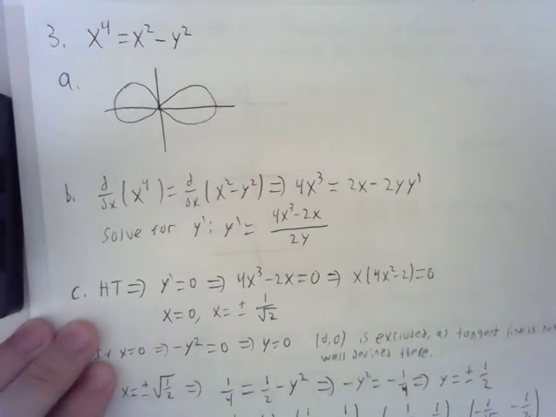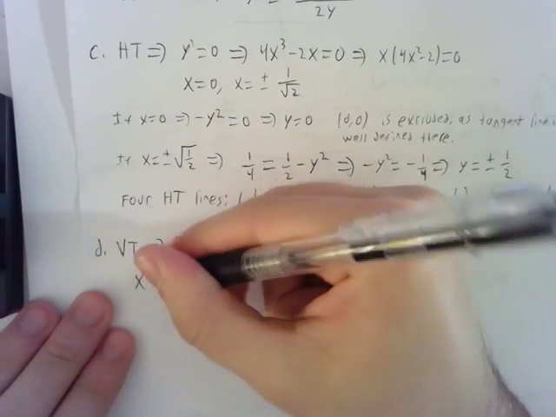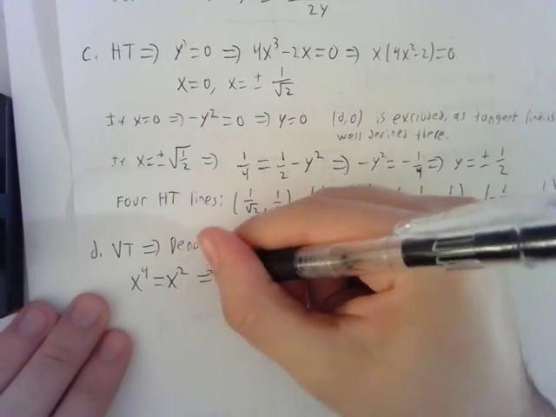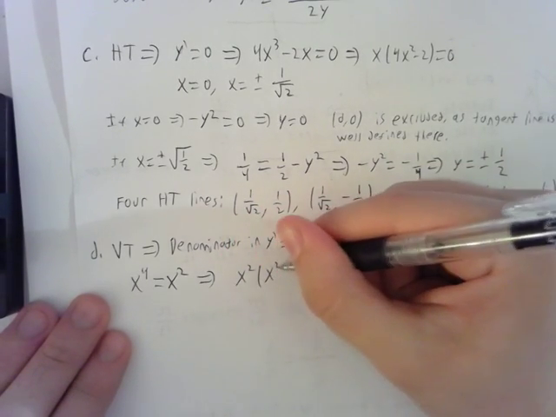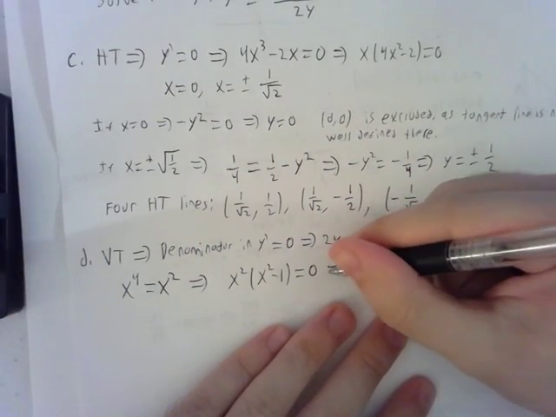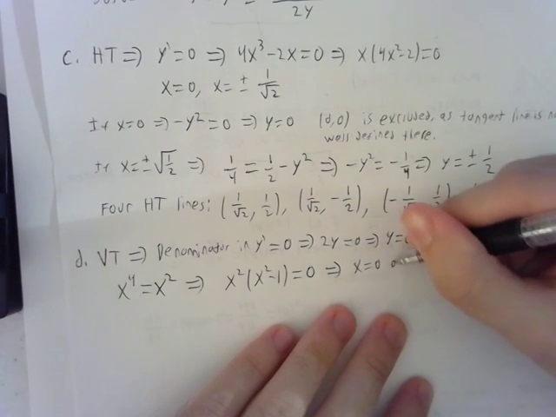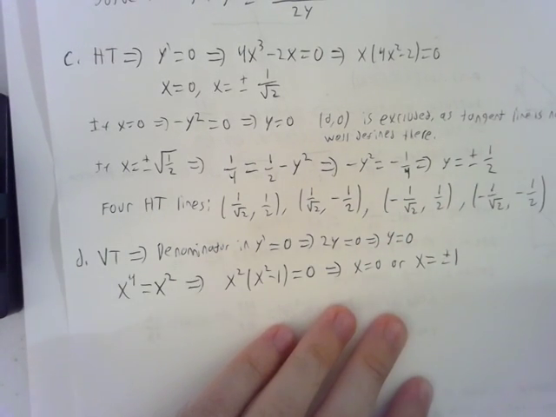If y is equal to 0, what could x be? So then x to the 4th has to be equal to x squared. If we rearrange this, we get that x squared times x squared minus 1 must be equal to 0. So this implies that x equals 0 or x is plus or minus 1.